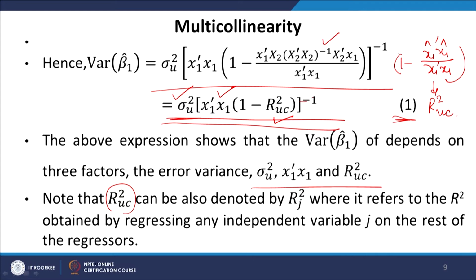Now, this has an inverse, which means it can be written as sigma square u divided by x1 prime x1 into 1 minus R_uc square. So sigma square u is in the numerator, and x1 prime x1 multiplied by 1 minus R_uc square is in the denominator.